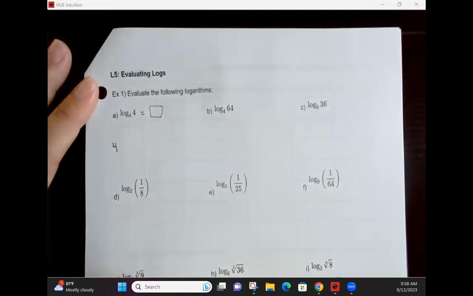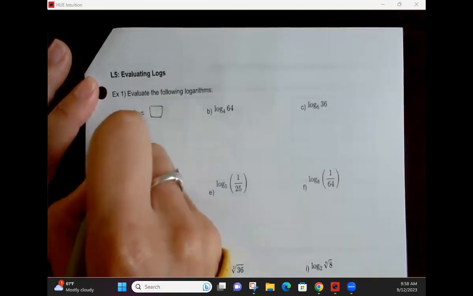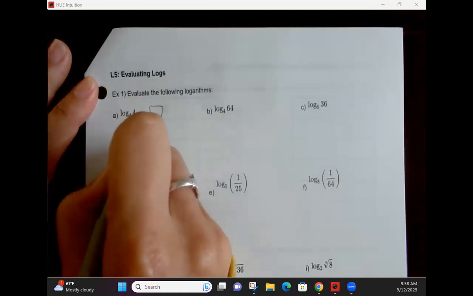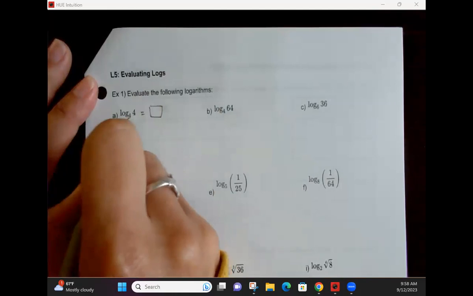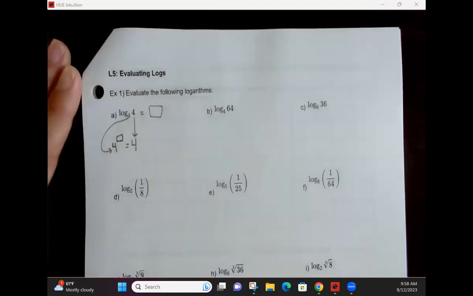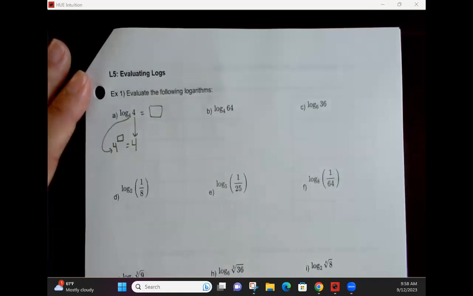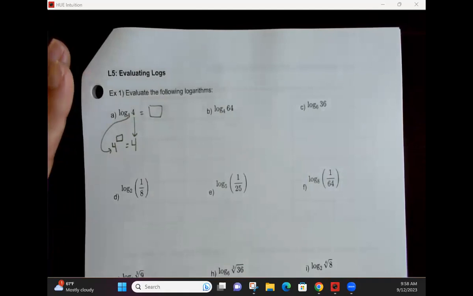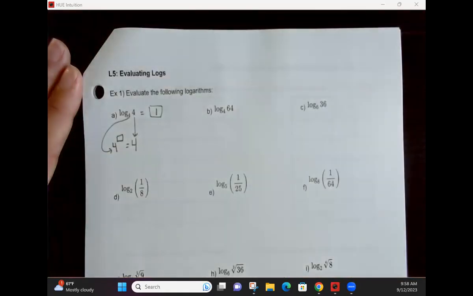That's what we're trying to figure out. What I am asking is 4 to what power is equal to 4? This 4 is here, and this 4 is here. And I want to know, what would that exponent have to be? So 4 to the what equals 4? 4 to the first, right? So log base 4 of 4 equals 1.